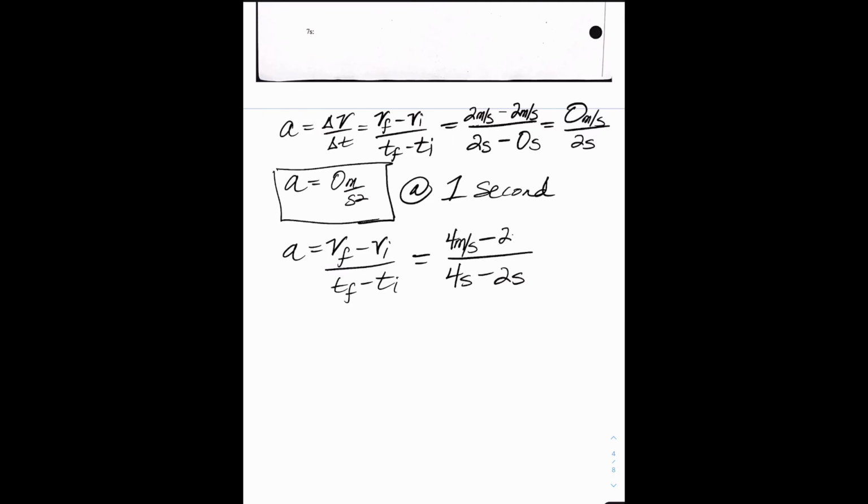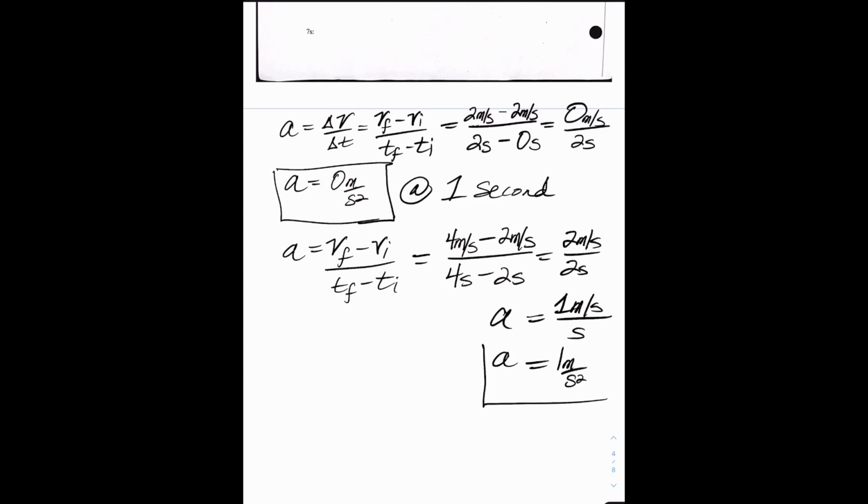Initial velocity is 2 meters per second at 2 seconds. So we end up getting 2 meters per second divided by 2 seconds, which is equal to 1 meter per second, and that's an A, equal to 1 meter per second squared. All right, and so we have the acceleration at 3 seconds.